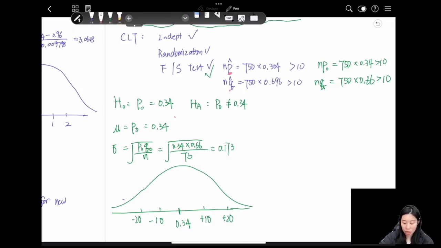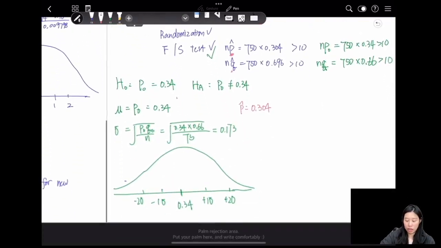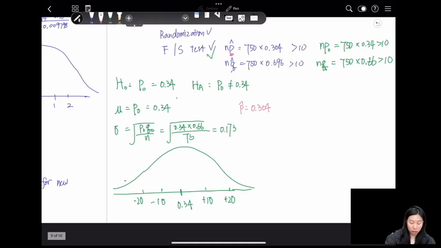Our p hat equals 0.304, right? That's what we found. So maybe it's around here. So let's say this is 13.4%, and this is going to be our p-value.